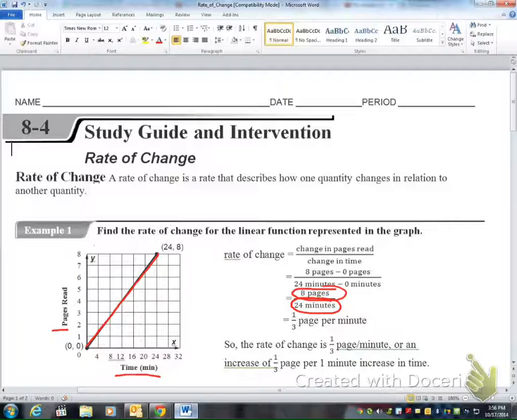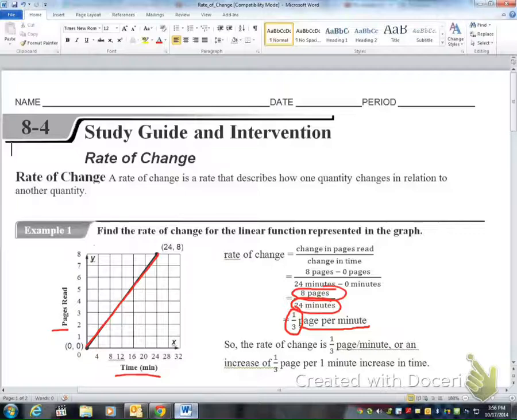Now, if we simplify that, 8 over 24 simplifies to 1/3. So that gives me my rate of change. This group read 1/3 of a page per minute. So this is what we're looking at on this example right here.